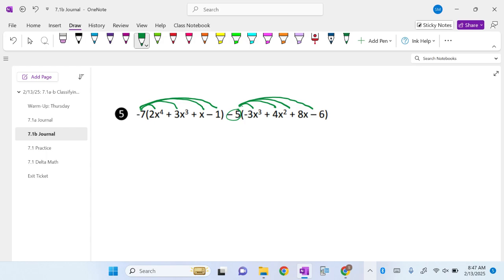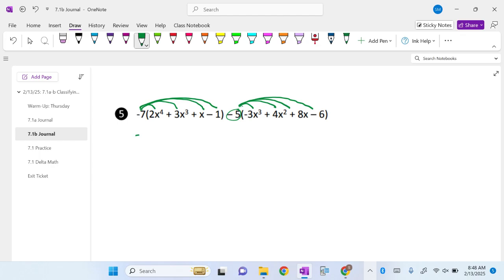Then you can go ahead and distribute the negative 5 to the second set. That'll take care of distributing the negative. So, what's negative 7 times 2x to the fourth? So, guys, what's negative 7 times 2?